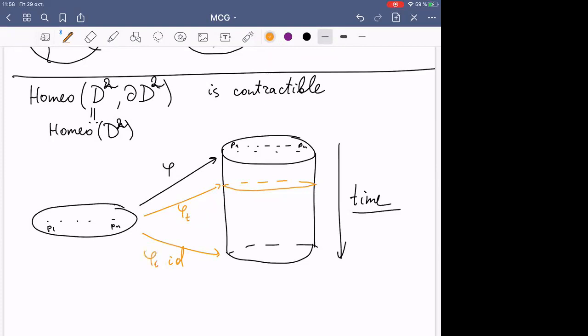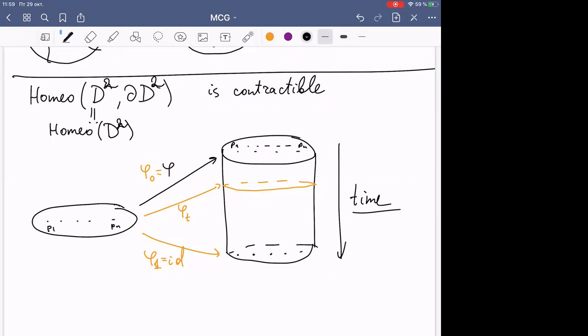But on the lower base, we have the identity, which is phi 1, say, and this is phi 0. On the lower base we again see that marked points go to marked points, since this is the identity homeomorphism.